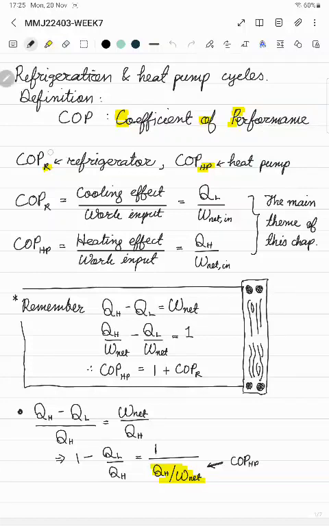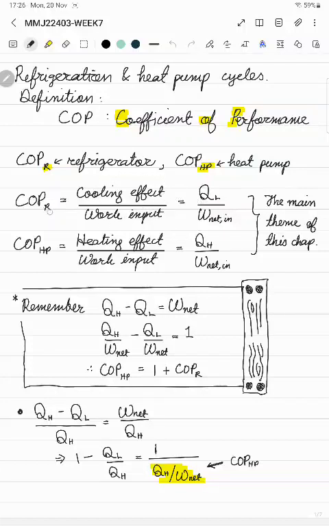Now we have two definitions here that we need to remember, and they will be used often in this section. One is COP_R, where R stands for refrigerator, and COP_HP, where HP stands for heat pump. By definition, COP_R is for the cooling effect of a refrigerator: the energy from the cooling effect divided by the work input.